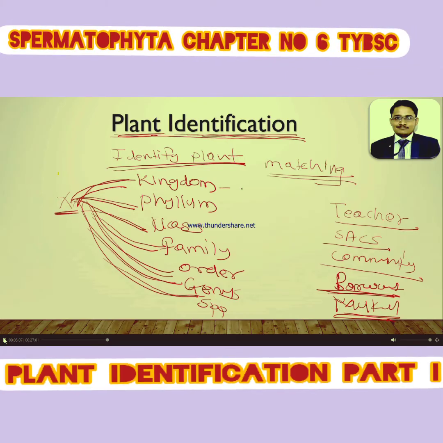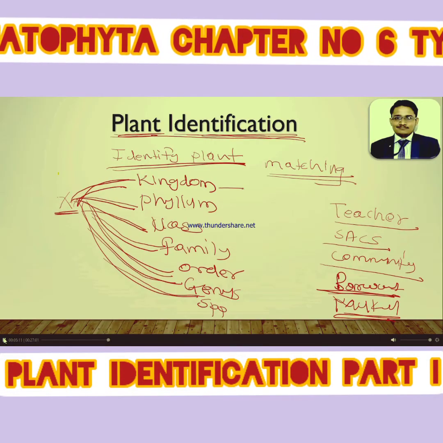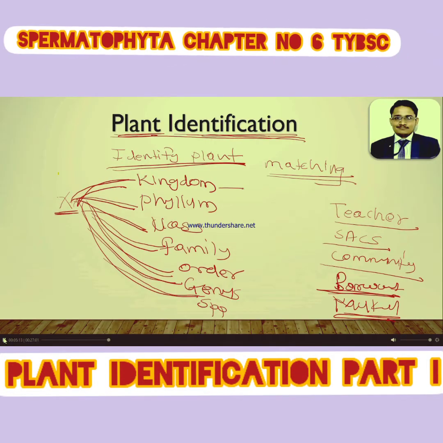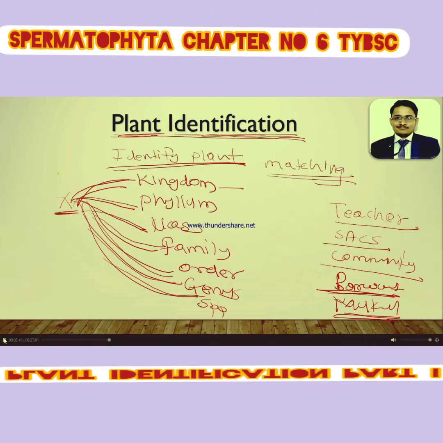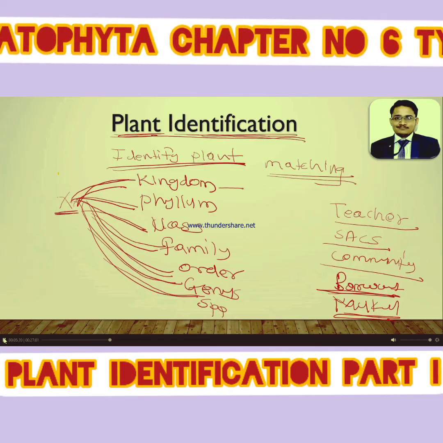For example, take the hibiscus plant. We don't know its name, but we only know the characters of that plant. It has the angiosperm character: the seeds are enclosed in an ovary.